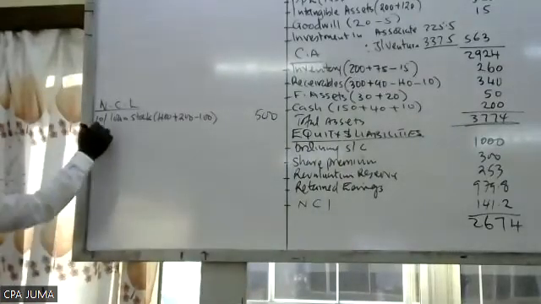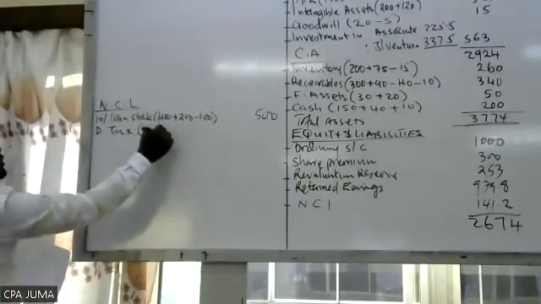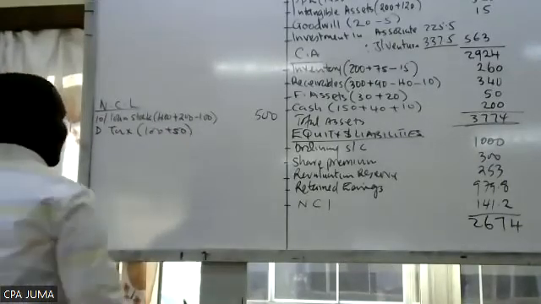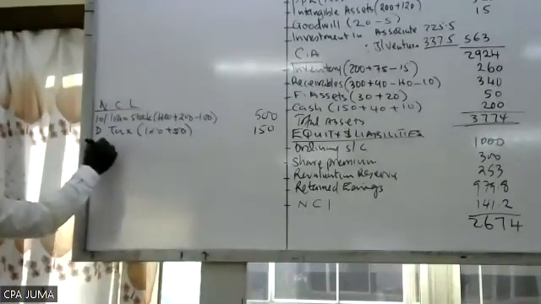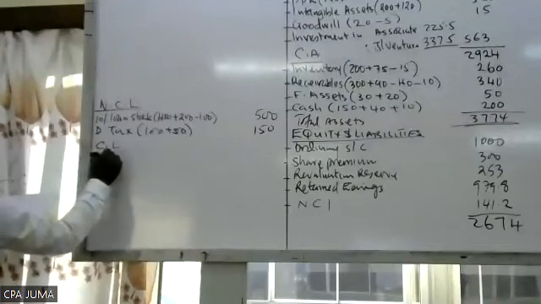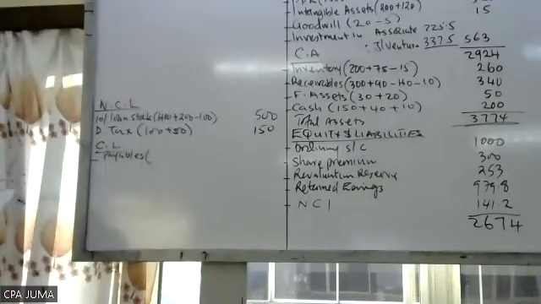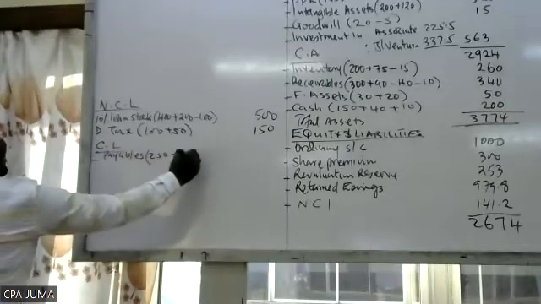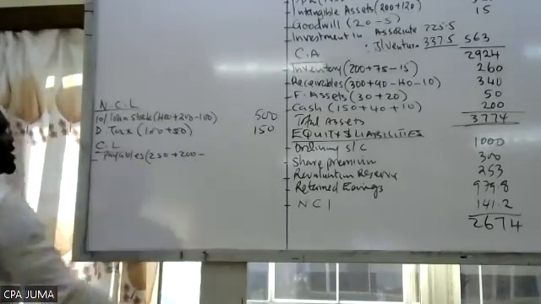Deferred tax. That one has no working unless you want to bring workings for it. 100 plus 50. How much is that? 150. Current liabilities. Payables 250 plus 200 minus intergroup debt.